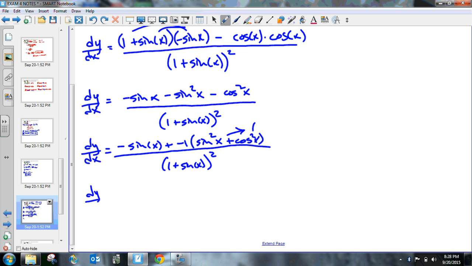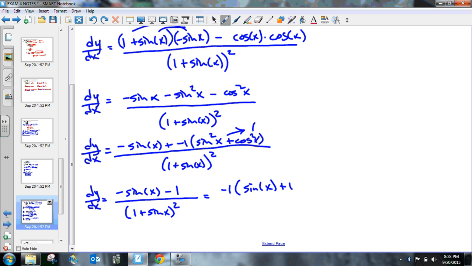So then dy dx is equal to negative sine of x minus 1, all divided by 1 plus sine of x quantity squared. Okay, now I'm going to factor out a negative 1 here because I see something unique. If I factor out a negative, then I'm left with sine of x plus 1, all over the quantity 1 plus sine of x quantity squared.